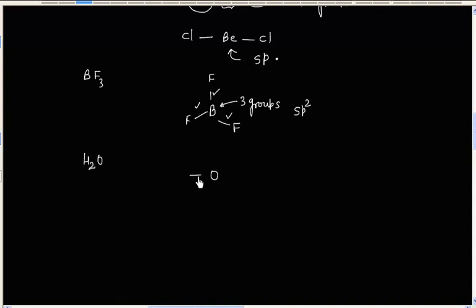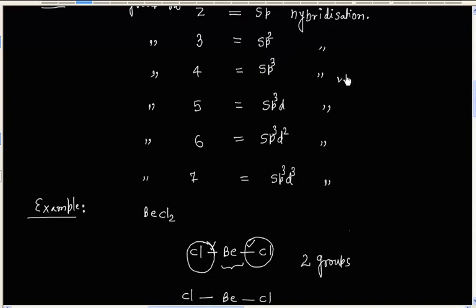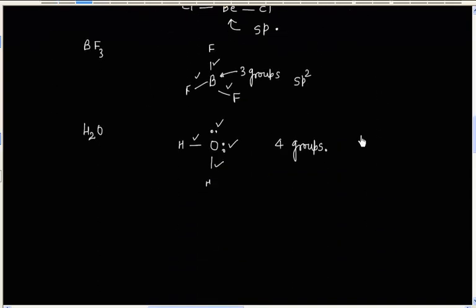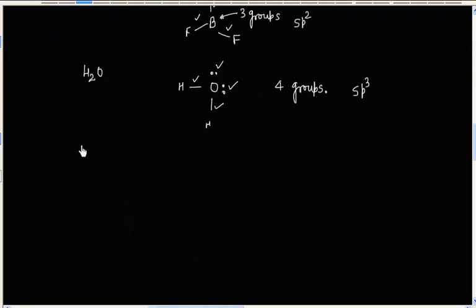The Lewis dot structure is this. How many groups do we have this time? This time we have 1, 2, 3, 4 groups. So if there are 4 groups, hybridization is sp3. You can see here.